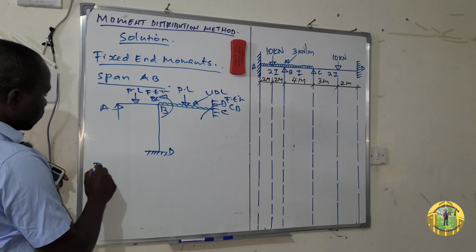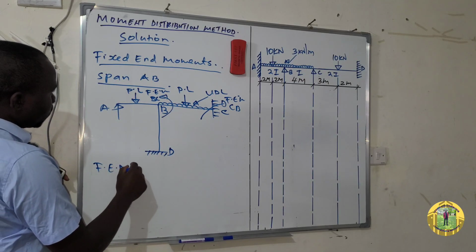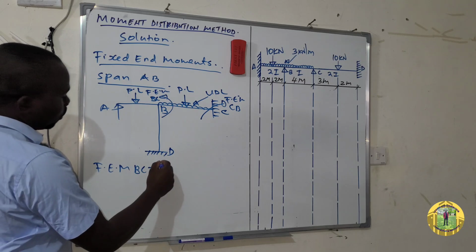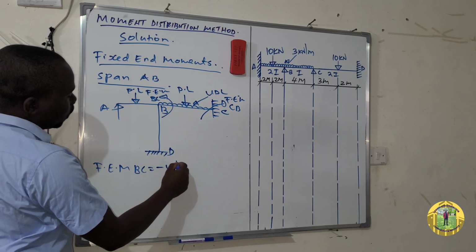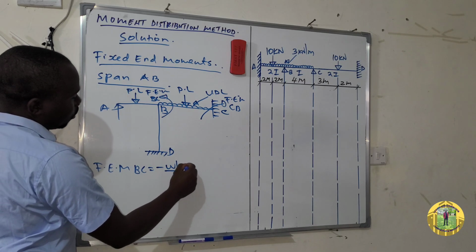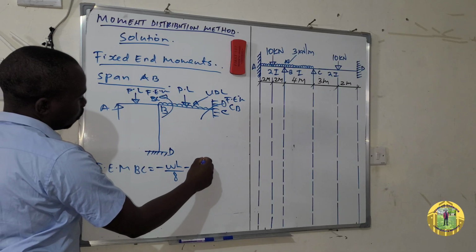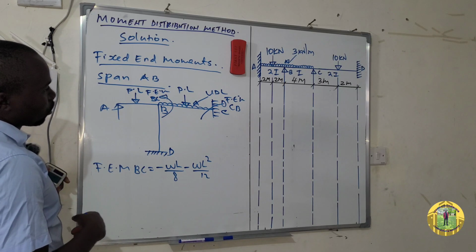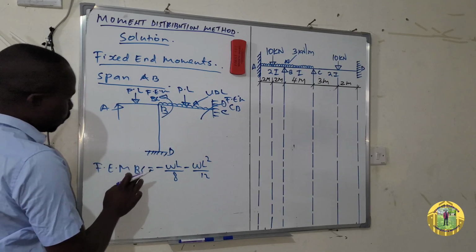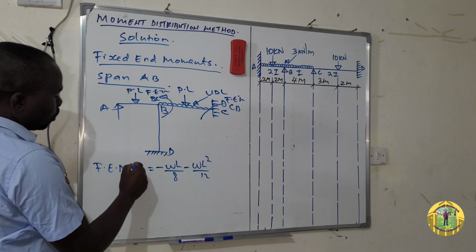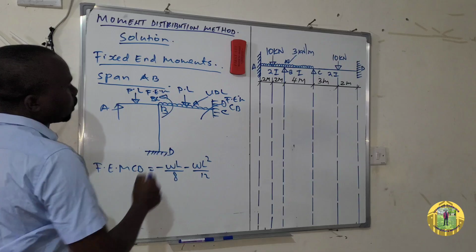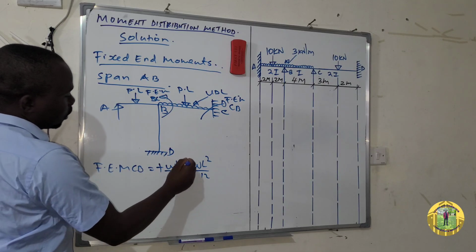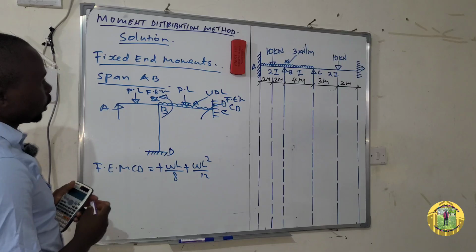Fixed end moment BC will be given by negative WL all over 8 minus WL square all over 12. So the approach is the same. When it comes to fixed end moment CB, because this moment is moving in clockwise direction, this one will be plus plus. So the approach remains the same.